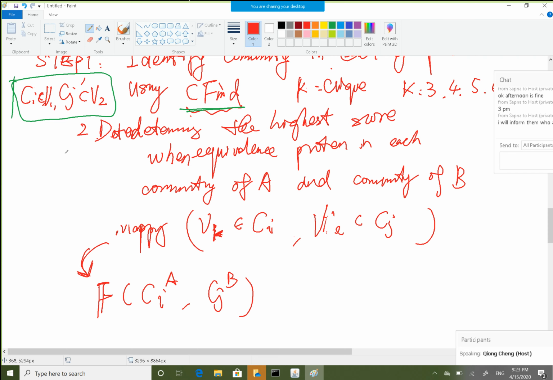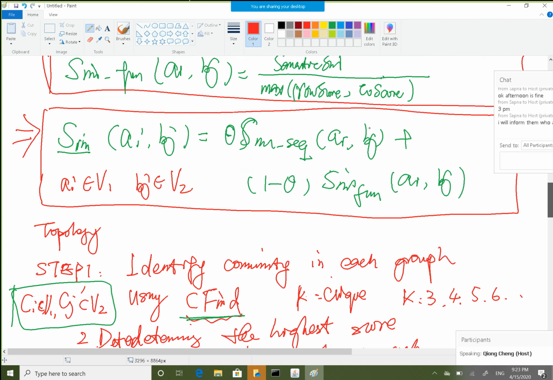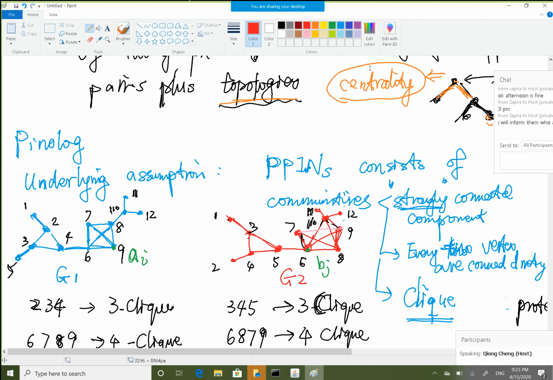They want to make sure this mapping, for example, let me show you an example, right? Here we have 3 cliques of these 3 nodes. They map this vertex with this vertex here. And also they map these 3 nodes in this clique with this 4 clique, to say how similar they are.